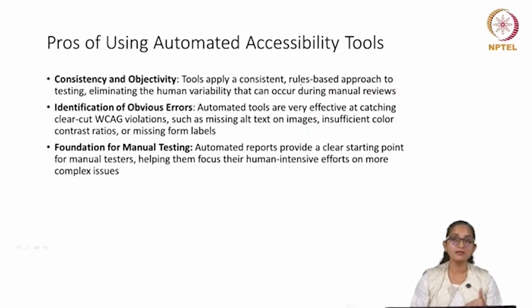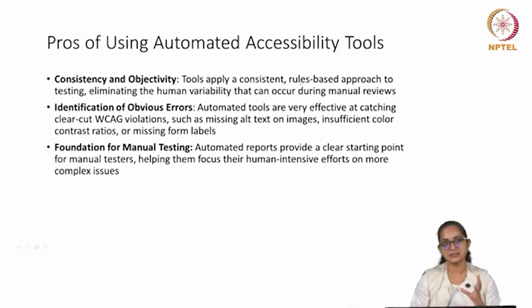It can be a kickstarter for an in-depth manual search or manual evaluation as well. Automated reports can provide a good starting point for manual evaluators and manual testers, helping them to focus their human expertise on more complex issues.